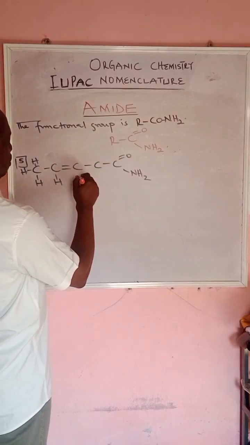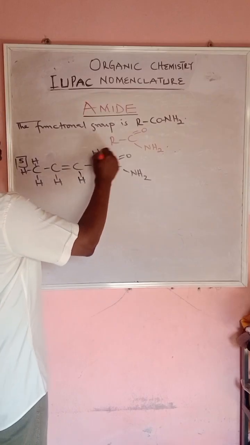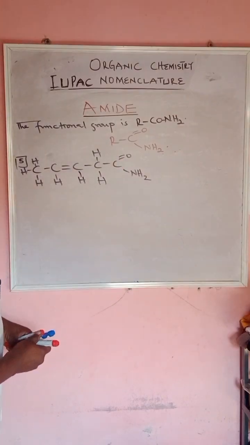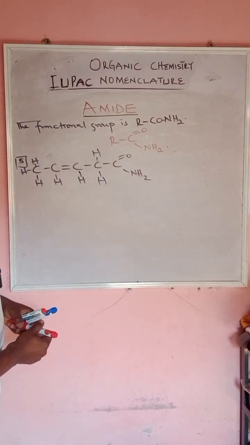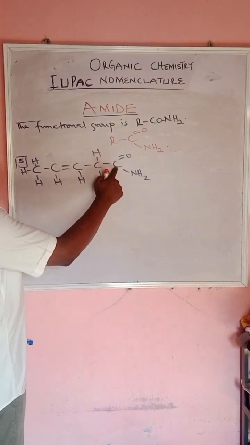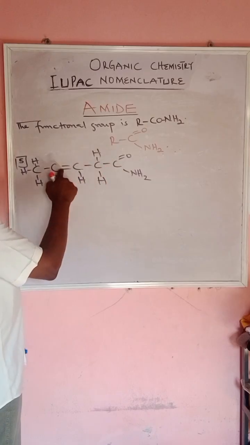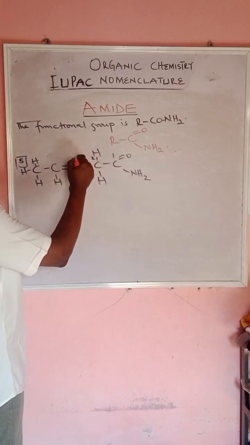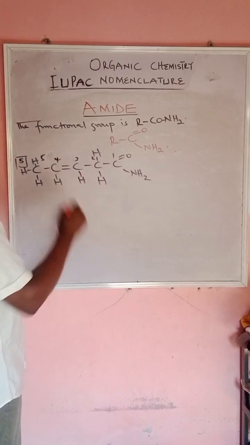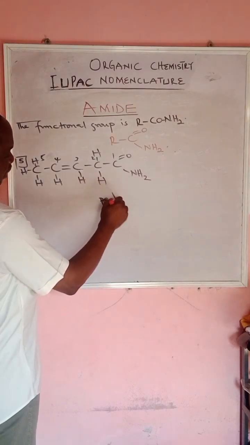So here is 1, 2, 3, 4, 5. That is pentanamide. Pentanamide. That is what's supposed to be.